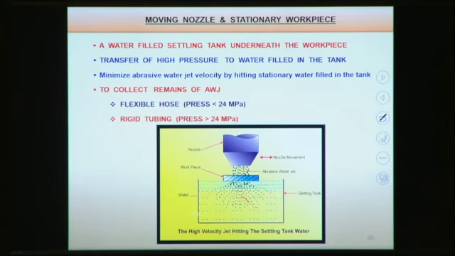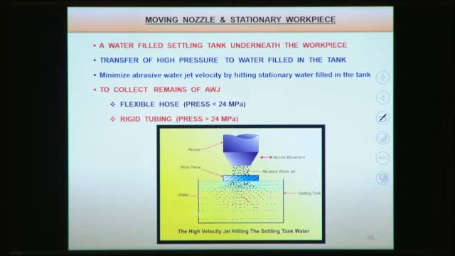Flexible hose pipe is used to connect the intensifier to the nozzle, so the fluid flows from the intensifier to the nozzle. When your pressure is more than 24 megapascal, in that case flexible hose you can use.